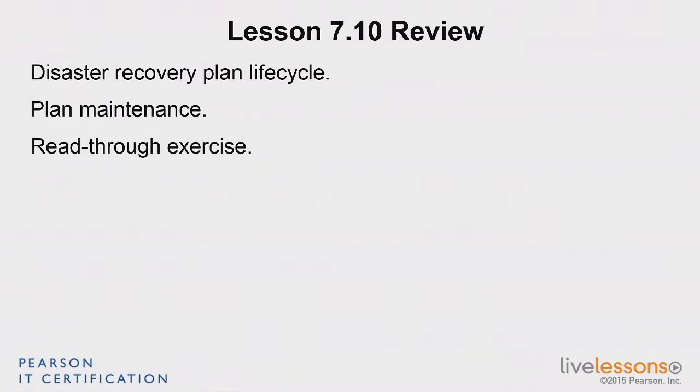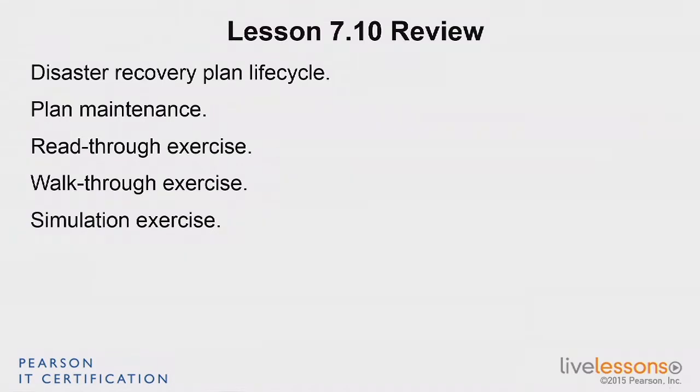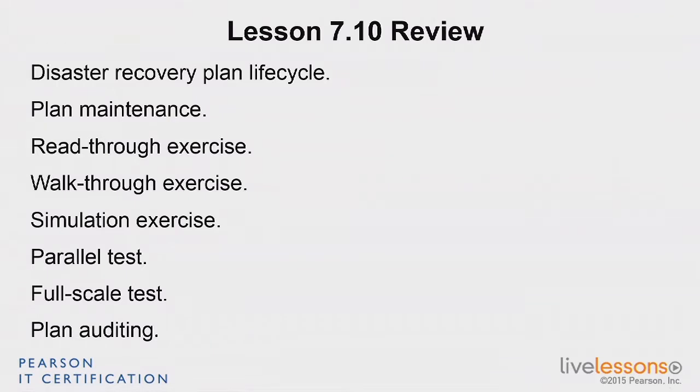We looked at different types of exercises and tests, including a read-through, a walk-through, and a simulation, all of which are passive, and then a parallel test and a full-scale test, both of which are active, and the importance to have our plan audited on a regular basis so that we have the assurance that it is complete and accurate and that we have done our testing, it's been authorized by management, and everybody's well aware of their roles and responsibilities, we're meeting all of our contractual and regulatory obligations, and that our third parties are available to provide the services that we are going to rely upon.